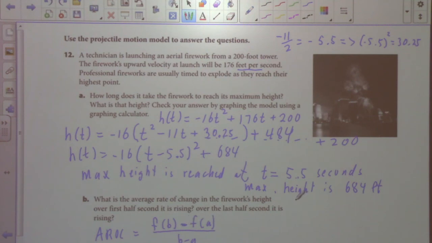So what we're going to do is look at 0 to 0.5 seconds.